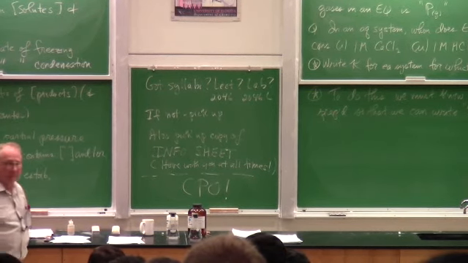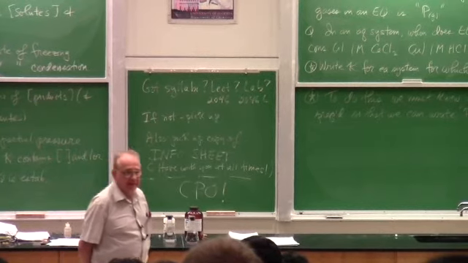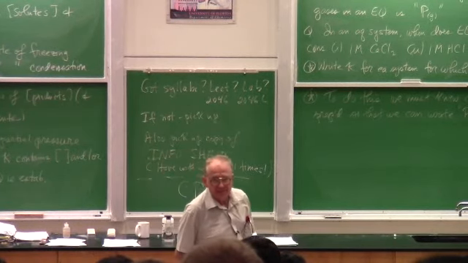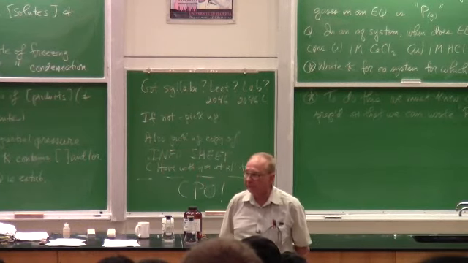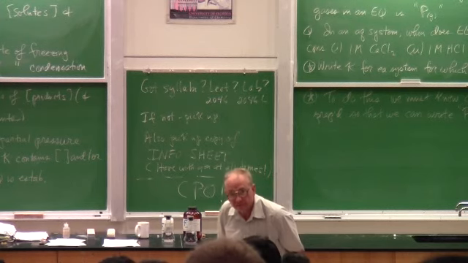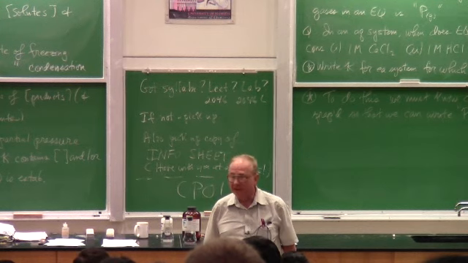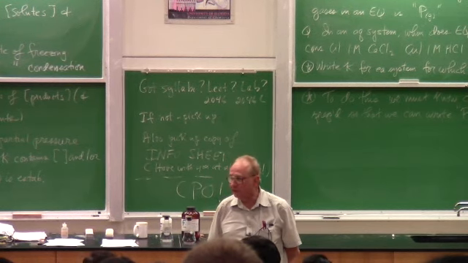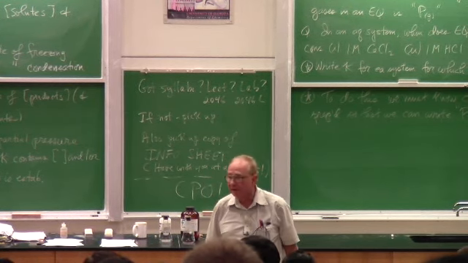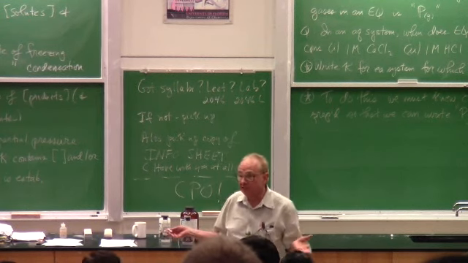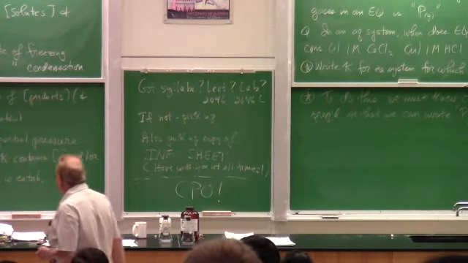But by definition, the activity for a pure solid is 1. And the activity for a pure liquid, again we take a solvent to be a pure liquid, is 1. Well then, since it doesn't matter how much you got, the activity always being 1, you put 1 in an expression, that changes nothing numerically.